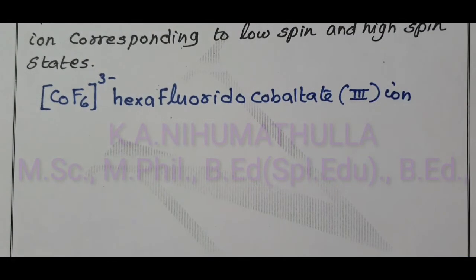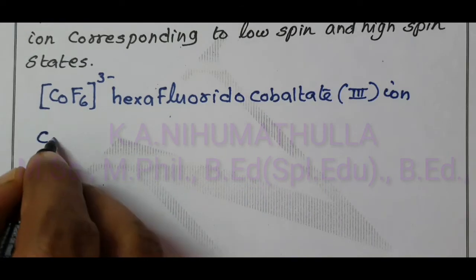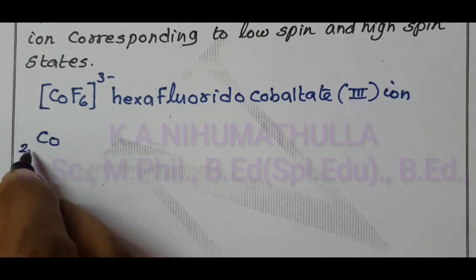The central metal atom is cobalt, atomic number 27.